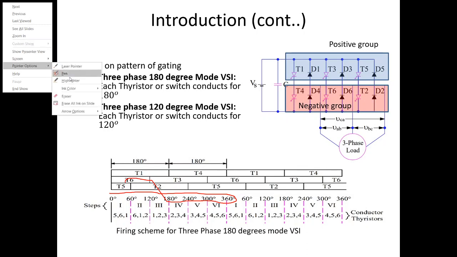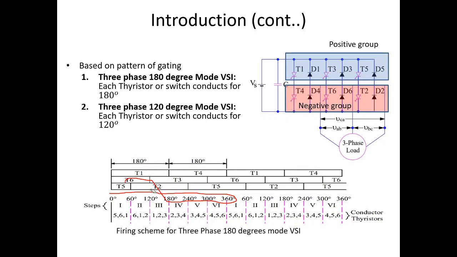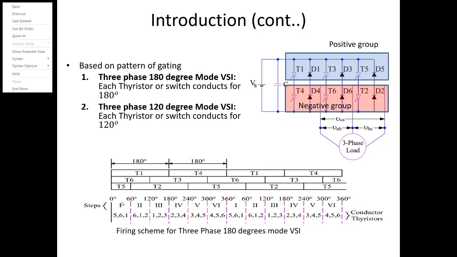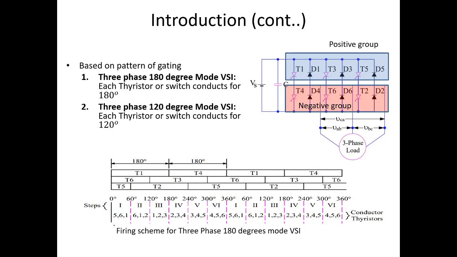In this table there are 6 steps involved in one cycle. This is step number 1, this is step number 2, and each step is about 60 degrees, so to complete each step we require 60 degrees. Step number 1 is from 0 to 60 degrees.